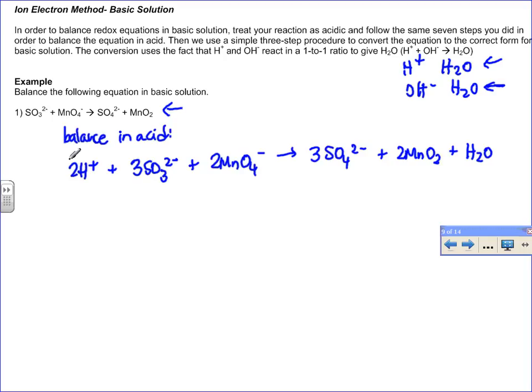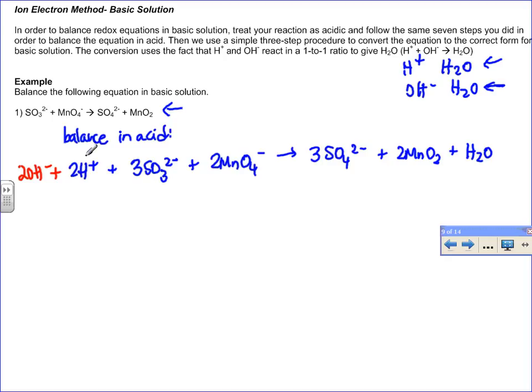This has two H pluses on this side, and what we want to do is switch this from being an acid to base. So we're going to do that by getting rid of this H plus. I can get rid of this H plus by adding 2 OH minus, because as you know, H plus and OH minus is actually equal to water.